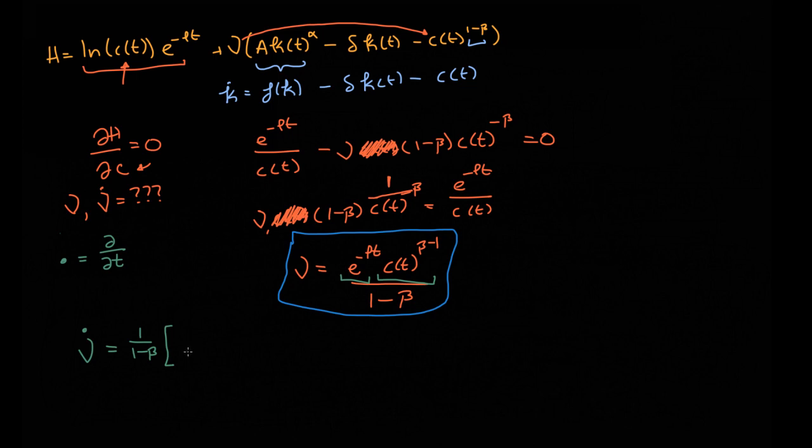So let's do them in the other order. We're going to get down a minus 1 minus beta c t to the beta minus 2 times e to the minus rho t, and then to that we will add the c t to the beta minus 1.